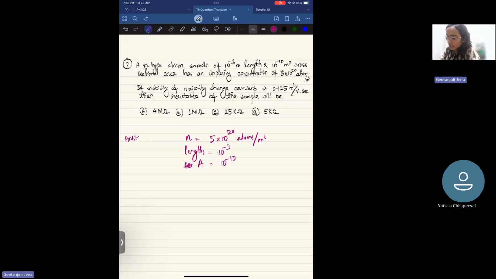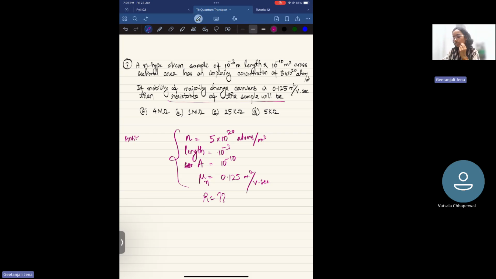It is also given the mobility of the charge carriers. The mobility of n-type is 0.125 meter square per volt second. Then what is the resistance of the sample? What is R?